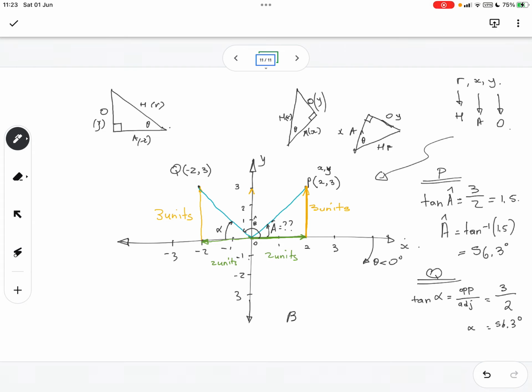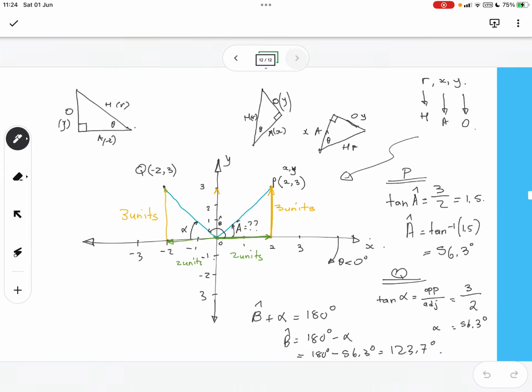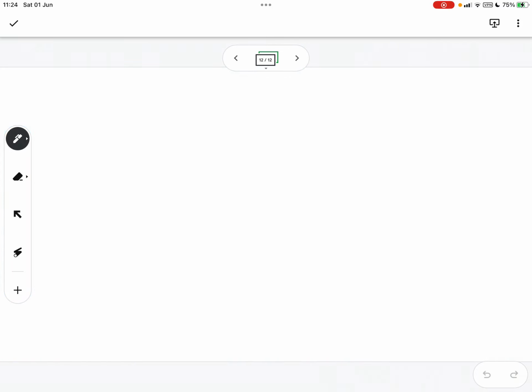So in other words, beta, or rather B, plus the angle alpha must equal 180 degrees, and angle B will equal 180 degrees minus alpha, which is 180 degrees minus 56.3 degrees, and the answer there is 123.7 degrees. Not Celsius, because it's not temperature, it's angles.